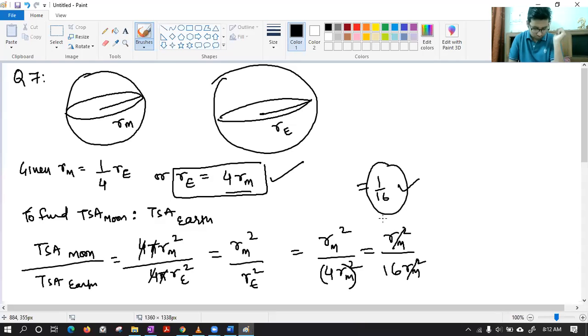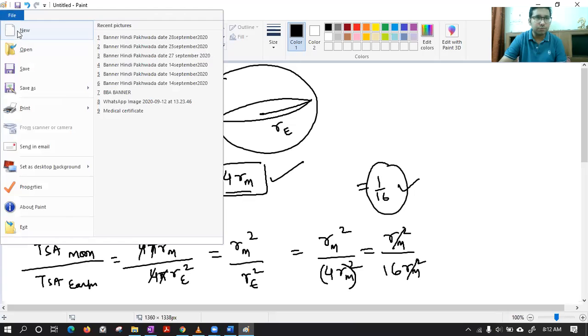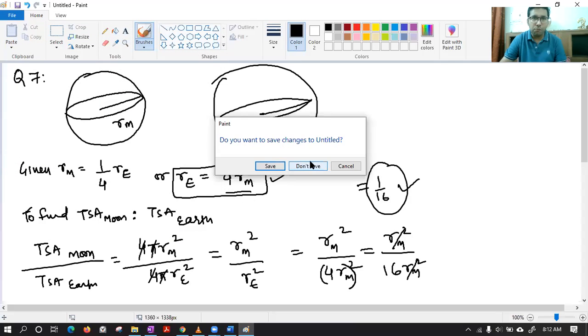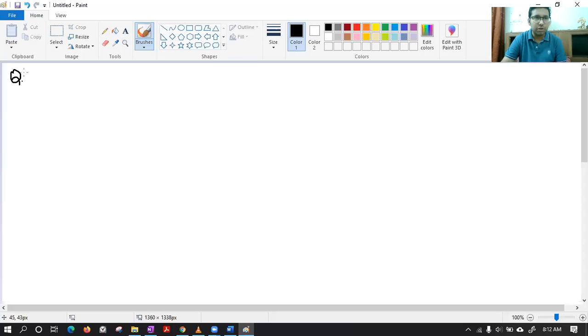Okay, now let us take question number 8. Let me erase this one. Question number 8. A hemispherical bowl is made of steel 0.25 centimeter thick.